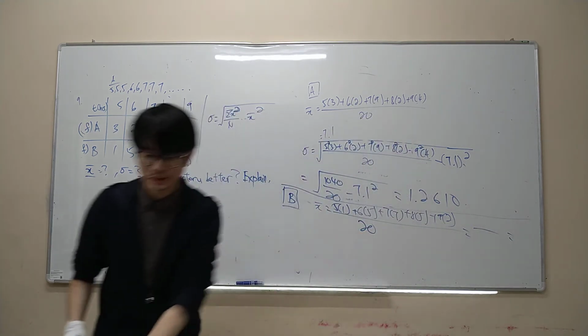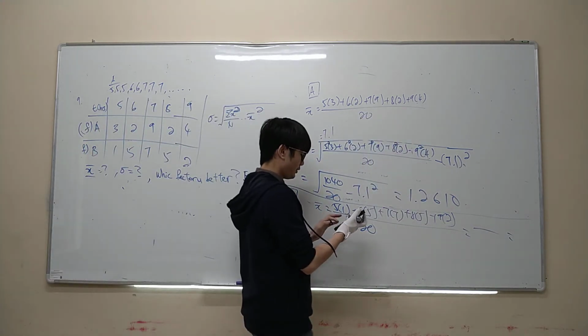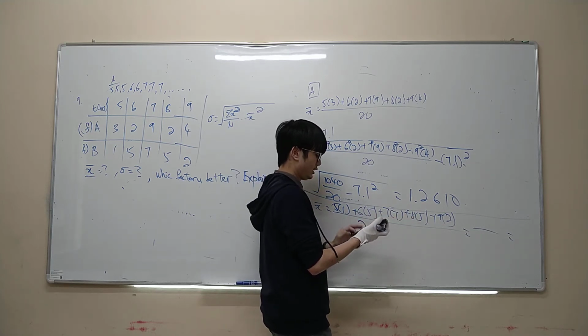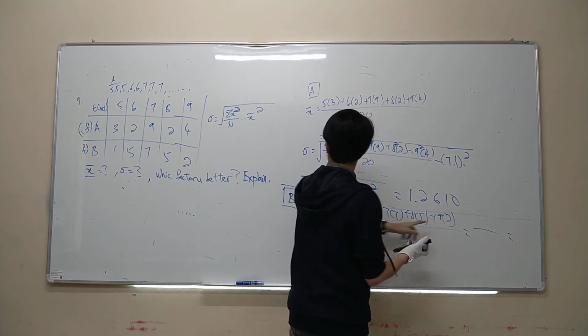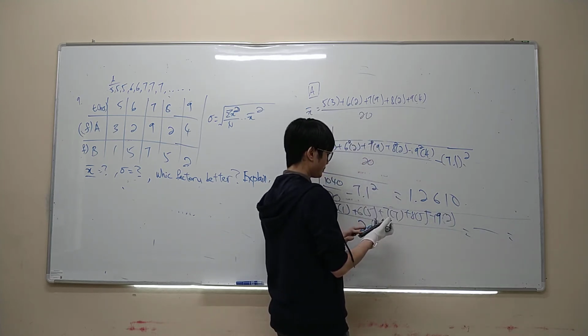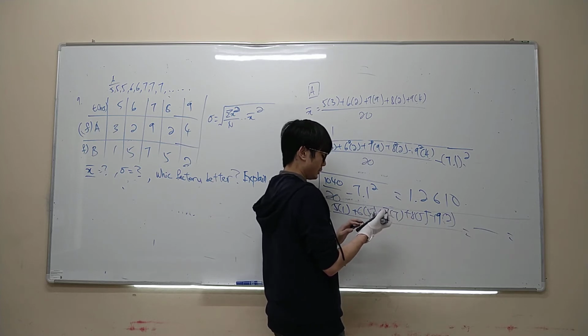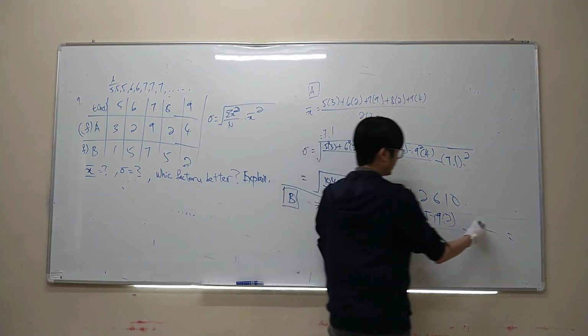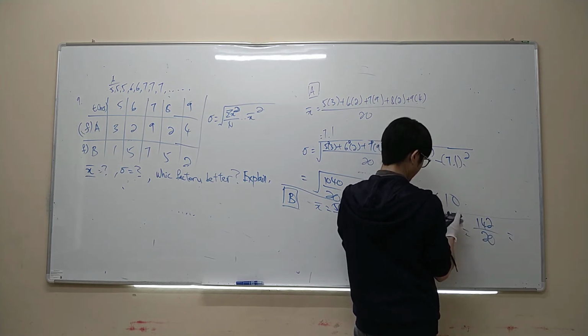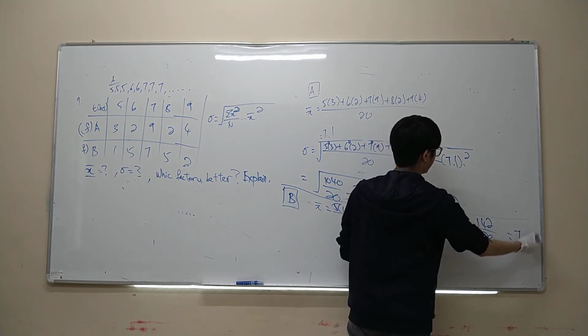So what's the answer? Use your calculator. 5 plus 30 plus 49 plus 40 plus 18, since 9 times 2 is 18. So 142 divided by 20. Same, right? Yes, same, 7.1.